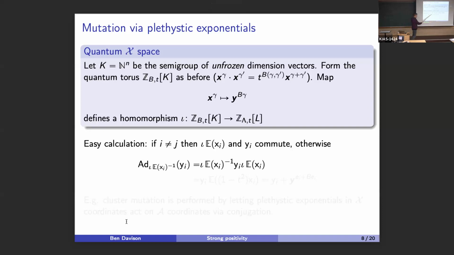So now if we come to the interesting case where j is equal to i, then this expression does not commute with y_i, but if I conjugate by it, I get something that by all rights you should expect to be a horrific mess, right? So these things are these quantum dilogarithms, these very, very infinite formal power series. I take one of them, I multiply by this, and then I multiply by the inverse of this thing.